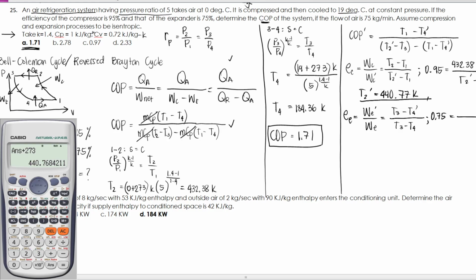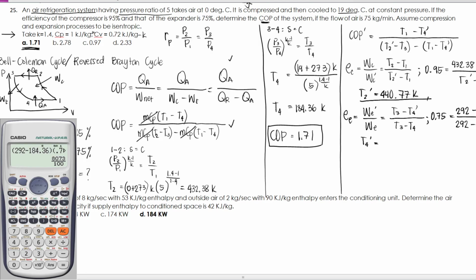Equal sa, ang T3 nga is 19 degrees Celsius plus 273 or 292 minus yung hinahanap nating T4. Ganun pa rin, 292 ang T3 minus ang T4 na theoretical is yung nasolve natin kaninang 184.36. So, ang T4 prime ay equal sa. So, ang gawin ko yung nasa ilalim, T3, 292 minus T4 na 184.36, i-cross multiply ko sa expander efficiency na 0.75.